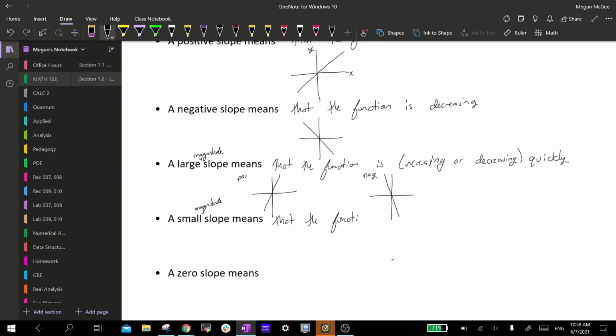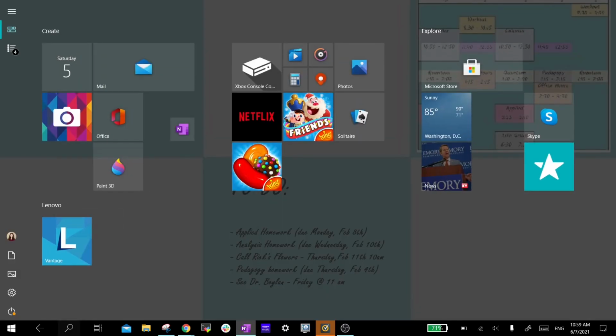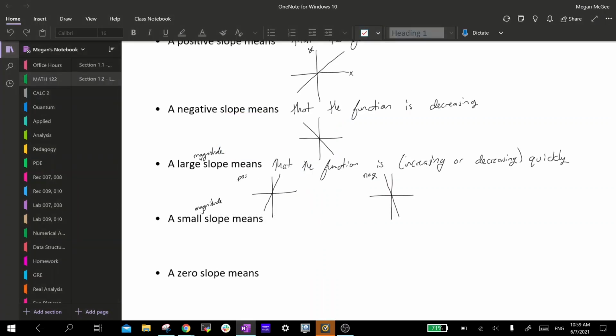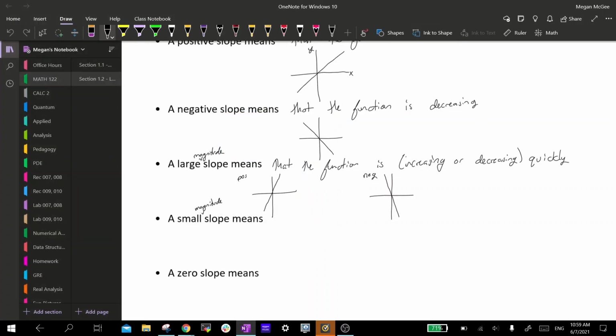Alright, that the function is either increasing or, my pen is loading, a small slope means that the function is increasing or decreasing again slowly.